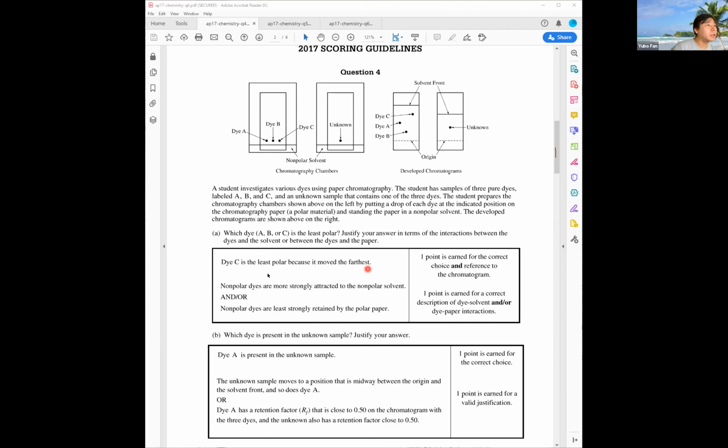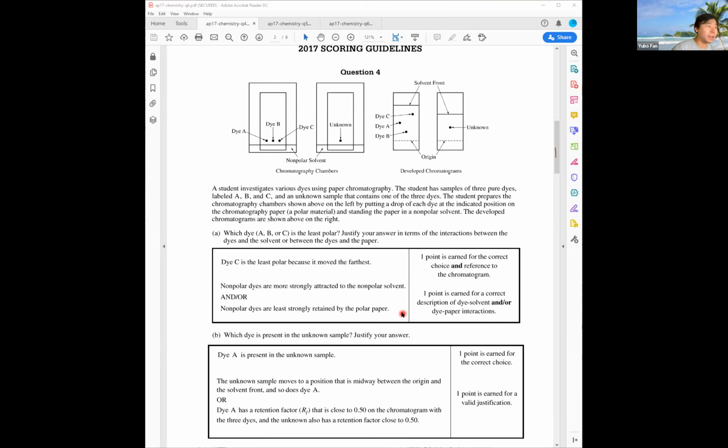And you can say that because it moved the fastest, but it still doesn't tell the reason. You need to justify the answer. Justify means the intermolecular interactions, intermolecular forces. So then you can say nonpolar dyes are more strongly attracted to the nonpolar solvent.